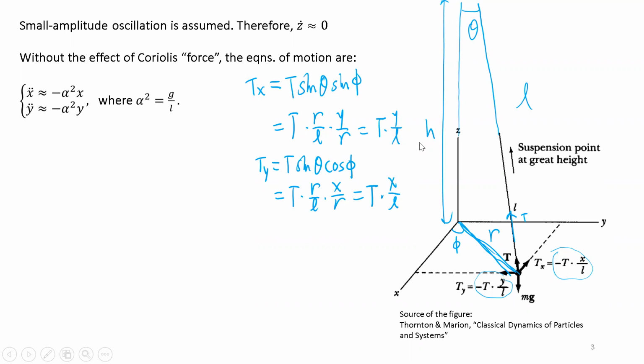Now the approximation that I want to make, as I mentioned in the beginning, is that there's no motion in the z direction. If that's the case, I'll be just saying that T is just to balance the mg. So the approximation is that T is approximately given by mg.